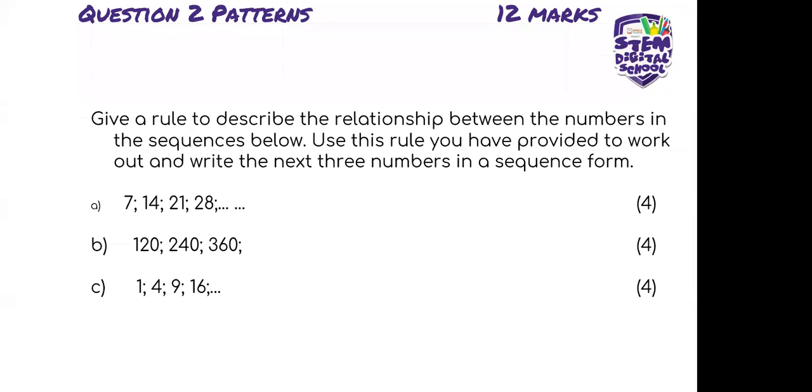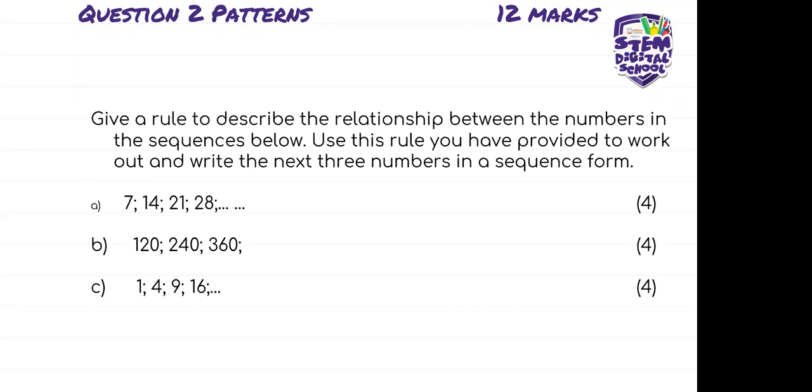If you look at the sequence 7, 14, 21, 28. So it's 7, and then 14, then 21, then 28. So I see that Cheryl says the rule is +7.